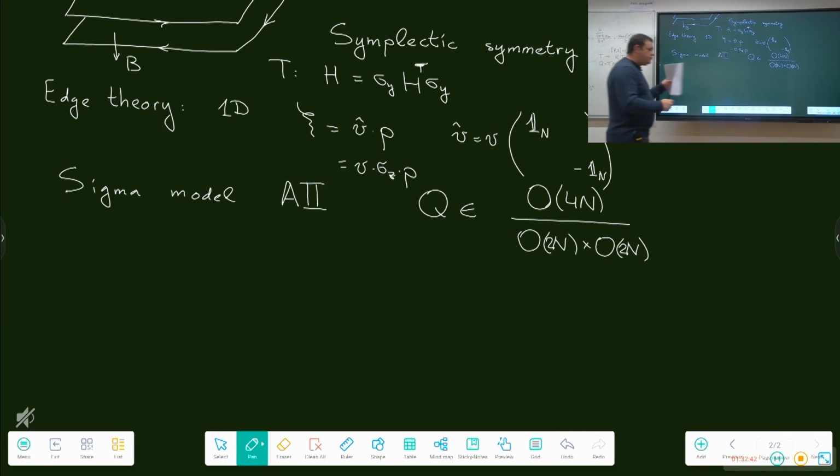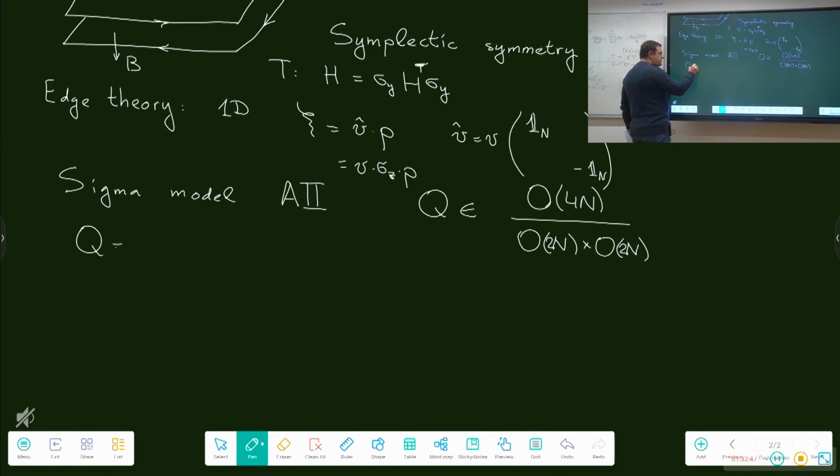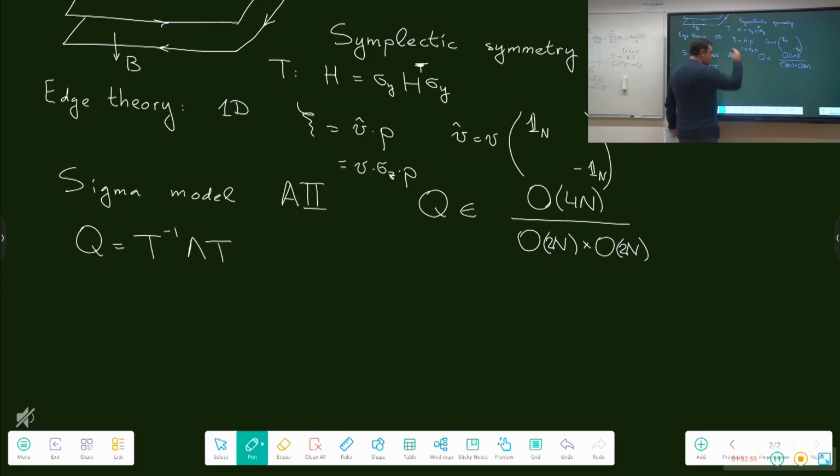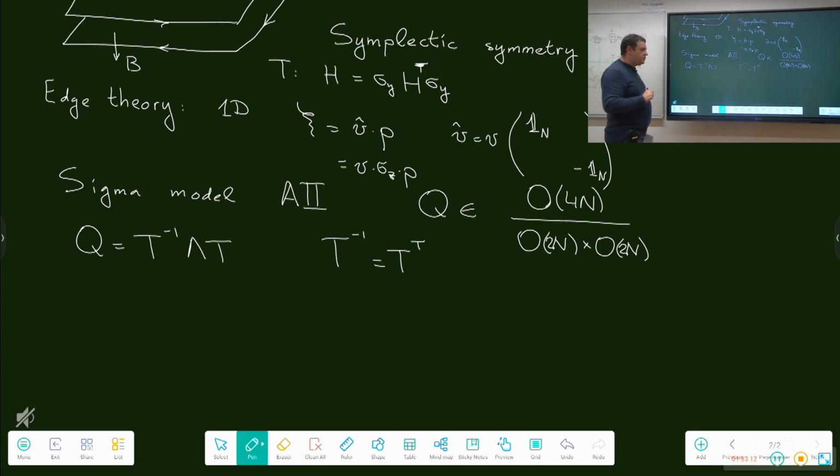So how can we write such a Q matrix? Easily. Q matrix equals T inverse lambda T. But now matrix T belongs to the orthogonal group and not to unitary. So there is a restriction. T inverse is the same as T transpose, orthogonal group.